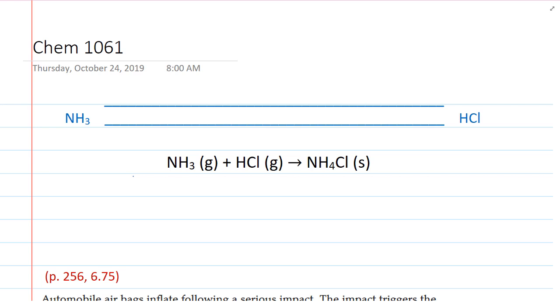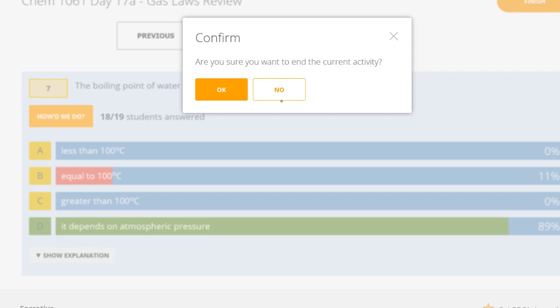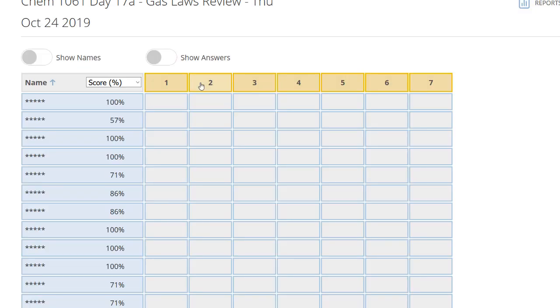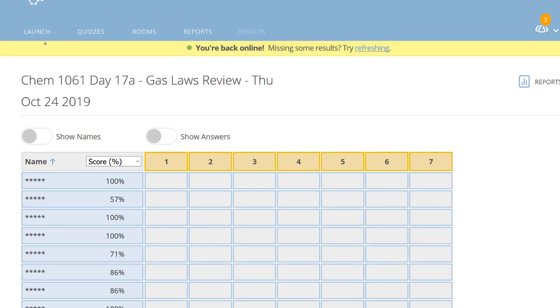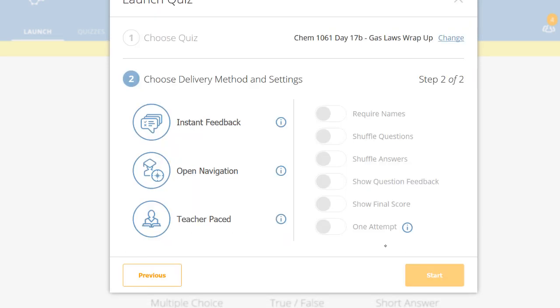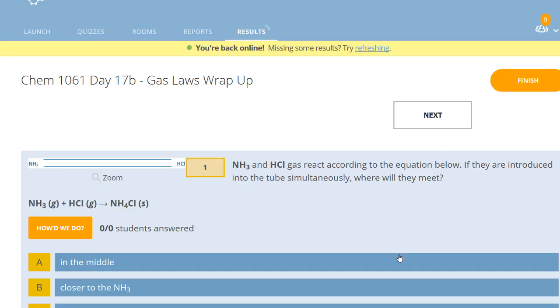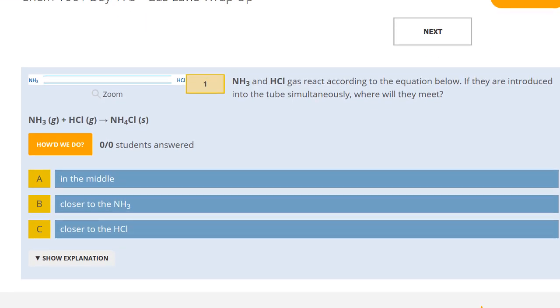So now, of course, I can't do a demo without asking you some sort of question. I am going to introduce these gases into this tube on each end.